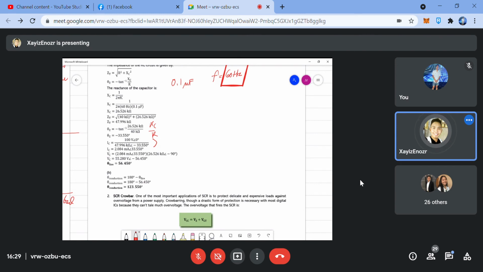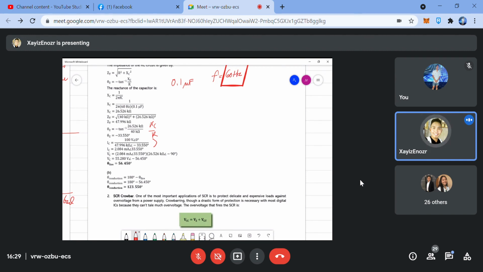In polar form. So, 100 volts divided by 47.996 kilo ohms, that will be 2.084 milliamperes. Then, since division to, ipag-minus mo lang yung angle. So, 0 minus negative 33.550. That will be positive 33.550.